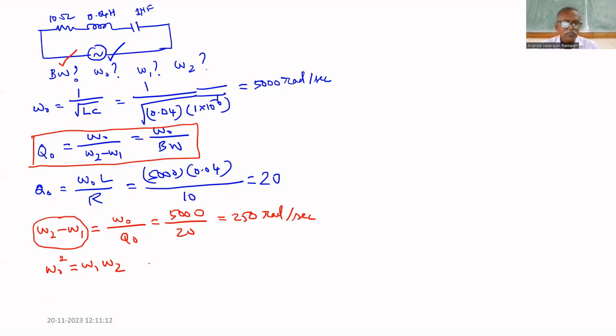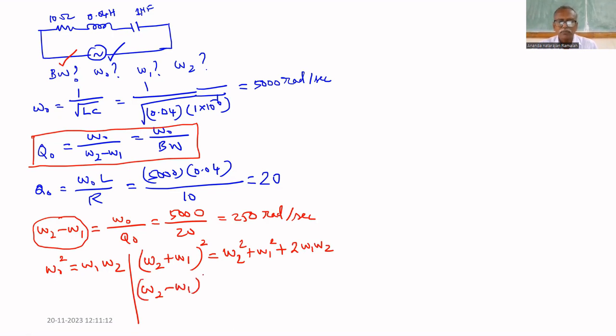So what we can do is, omega 2 plus omega 1 whole square equal to what? Omega 2 square plus omega 1 square plus 2 omega 1 omega 2. What is omega 2 minus omega 1 whole square? That is omega 2 square plus omega 1 square minus 2 omega 1 omega 2.